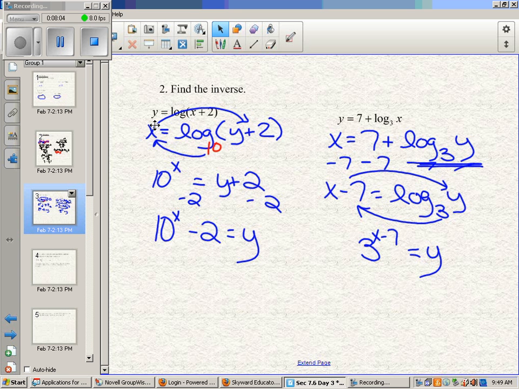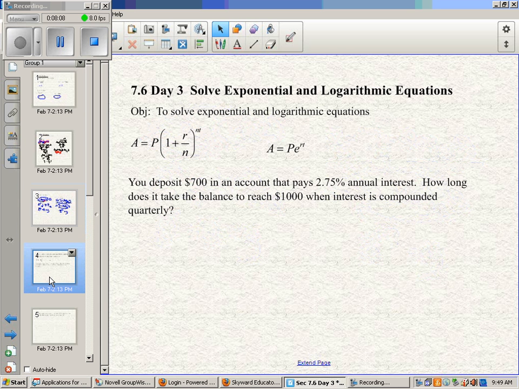Okay, because then what we do today is take the solving methods we did Friday and yesterday, and we apply it to the word problem stuff we were doing at the beginning of the chapter when we did compound interest and compounding continuously. So remember our formulas.